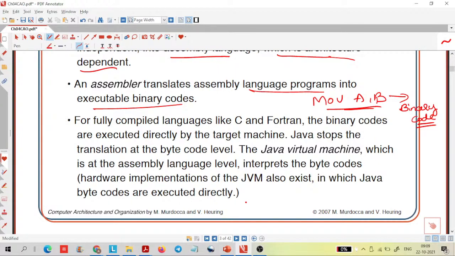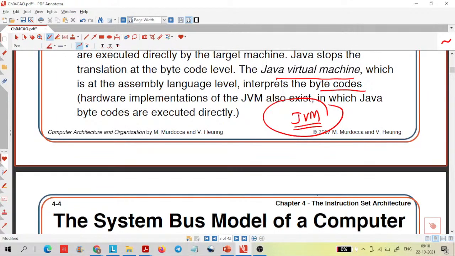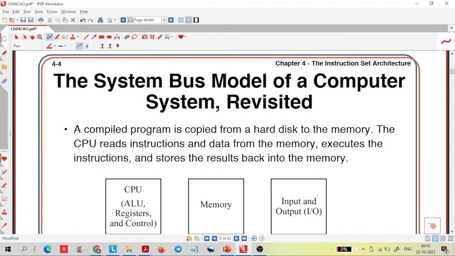Java stops the translation at the bytecode level, and the JVM, the Java Virtual Machine, which is at the assembly language level, interprets the bytecode. Just keep in mind that each computer architecture, each processor, has its own instruction set. It is machine dependent.